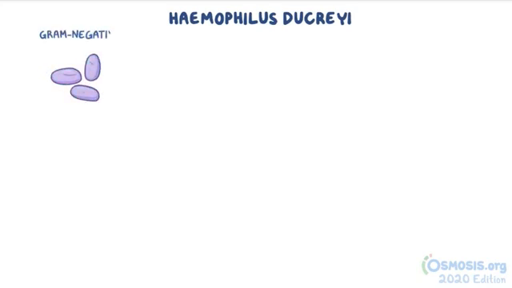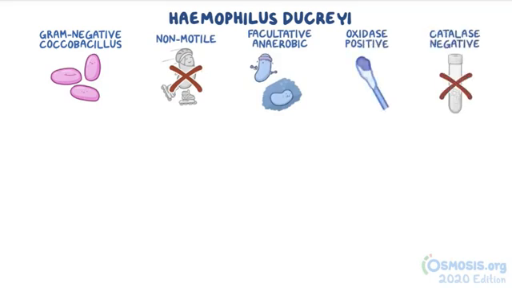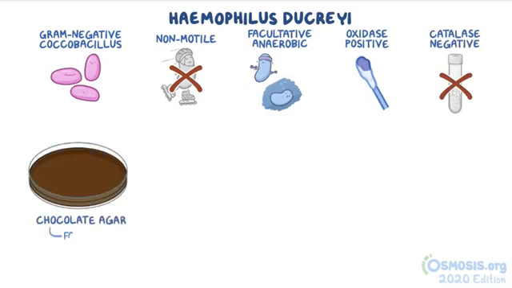Alright, as a quick recap, Haemophilus ducreyi is a gram-negative coccobacillus, non-motile, facultatively anaerobic, oxidase positive, and catalase negative. It requires special conditions and mediums to grow, such as chocolate agar with factor 10, and grows into small, gray, or translucent colonies.